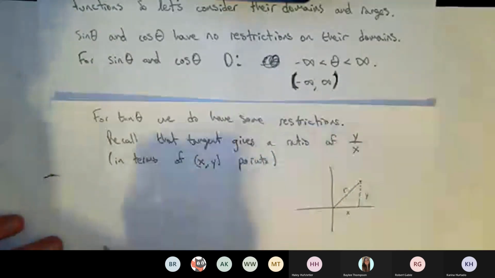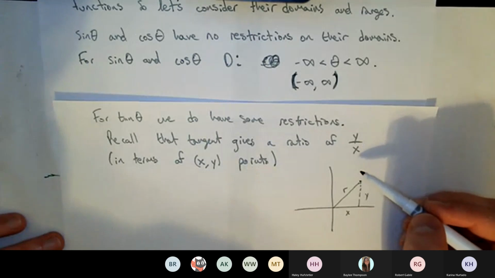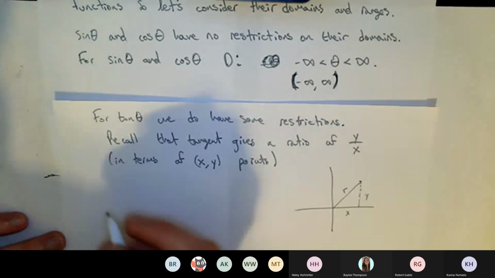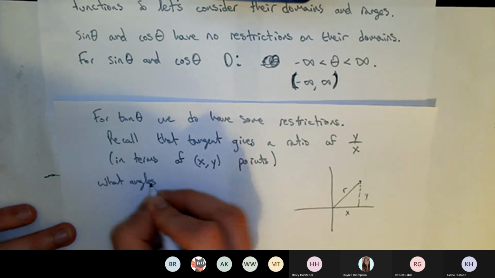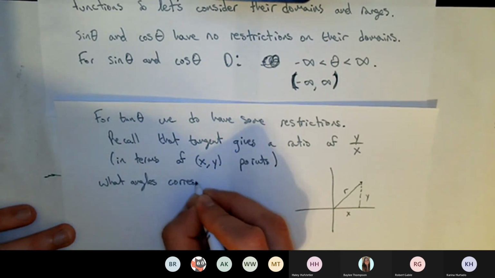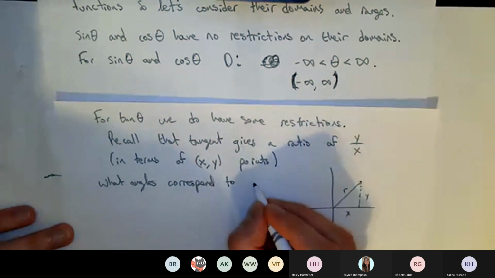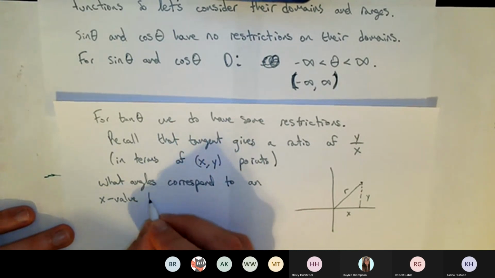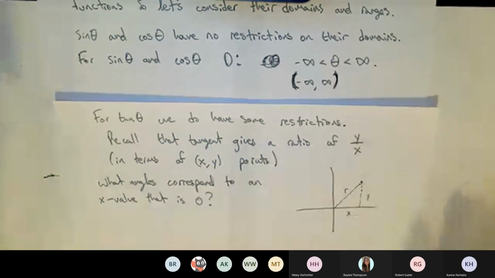So since tangent gives a ratio where x is in the denominator, are there any angles you can think of where x is 0? So what angles correspond to an x value that is 0?